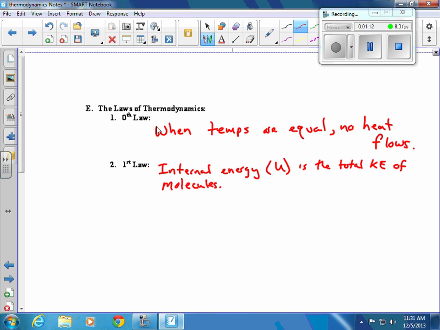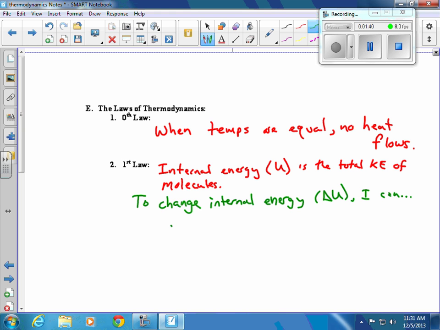If I want to change the internal energy, I want to have a delta U, I can. To change kinetic energy, I have to make the molecules move faster or slower. I have to change the temperature.